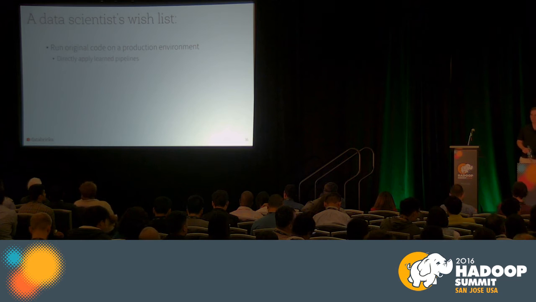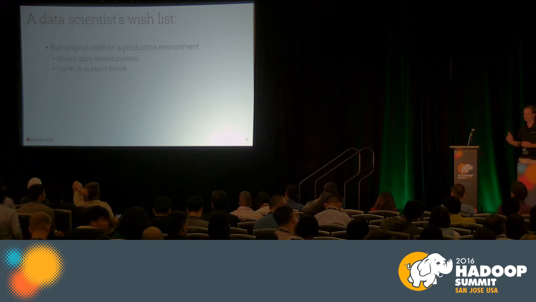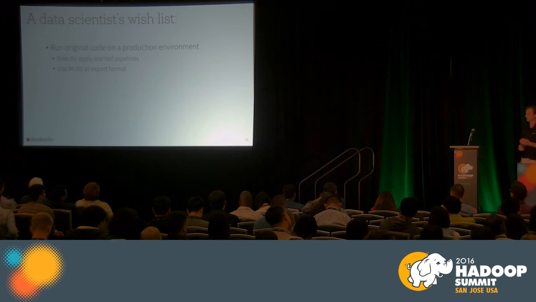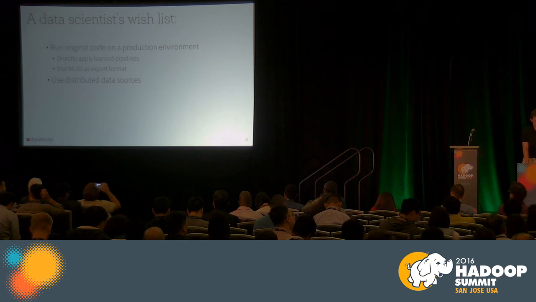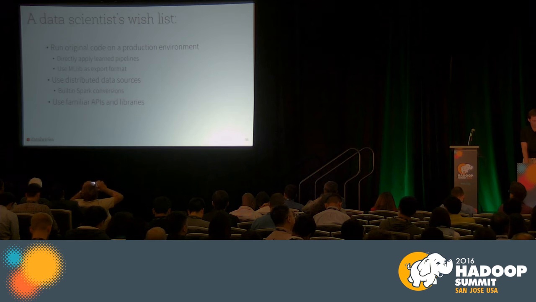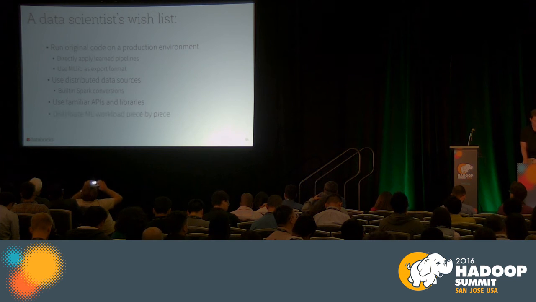For that, you can use the pipelines. You can export these pipelines using MLlib in a format that you can then read again using other tools. And using Spark, we can also still use all the distributed data sources, and we can still reuse some of the APIs that we know about.